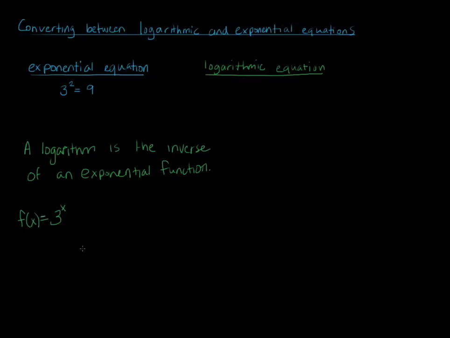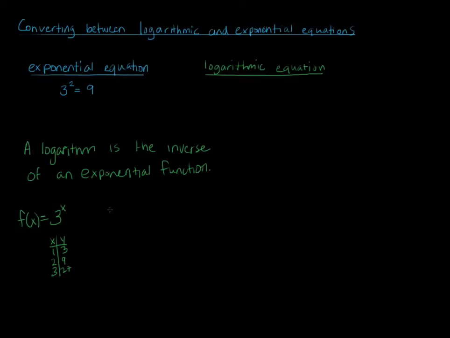It's easy to find points in this equation: if x is 1, y is 3; if x is 2, y is 9; if x is 3, y is 27. But when I take the inverse of this function, we are looking at the outputs and we want to find the inputs, so we're looking at it in reverse.